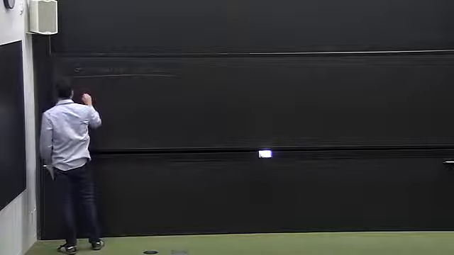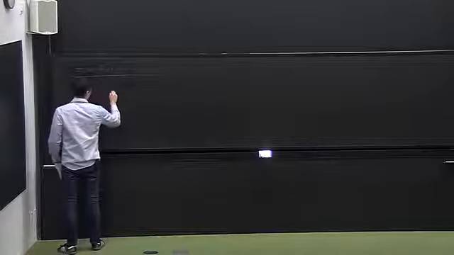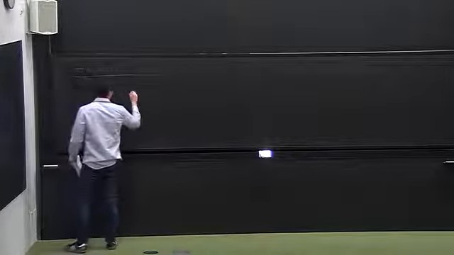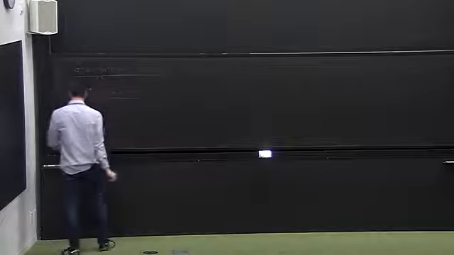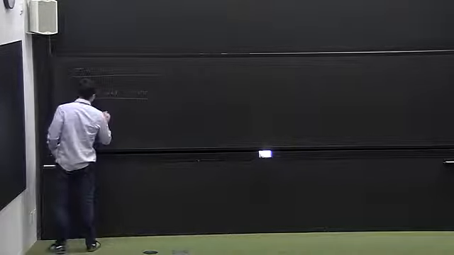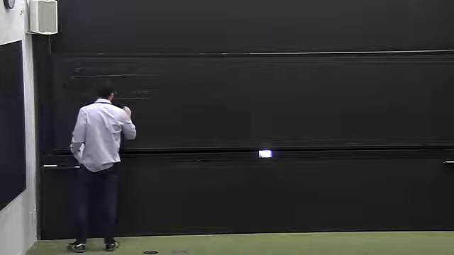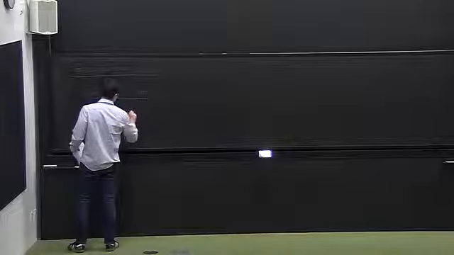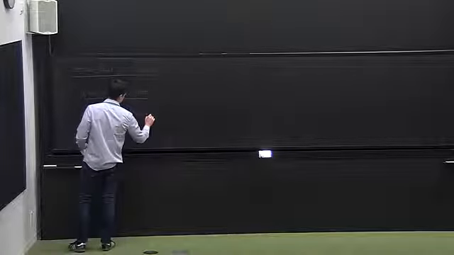So we're going to be working today in the weak field regime. And that means that we're going to use the approximation that our metric tensor is close to the flat space metric plus some small correction, which we'll call h.